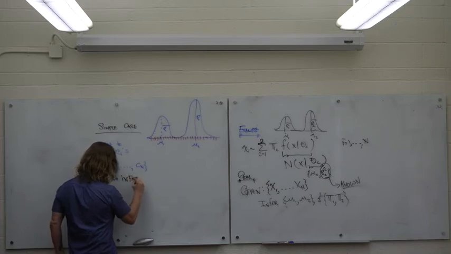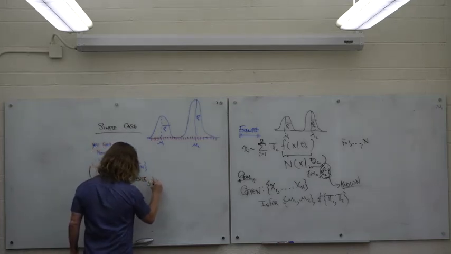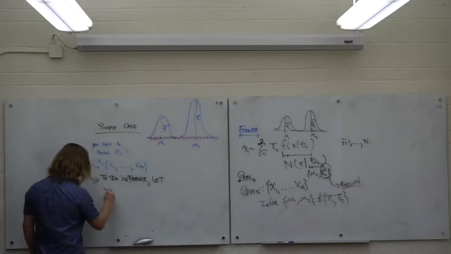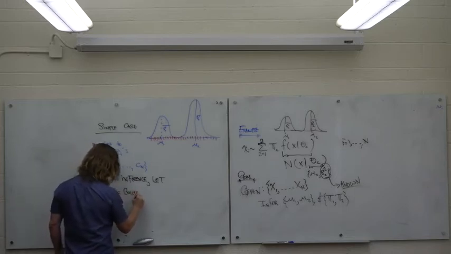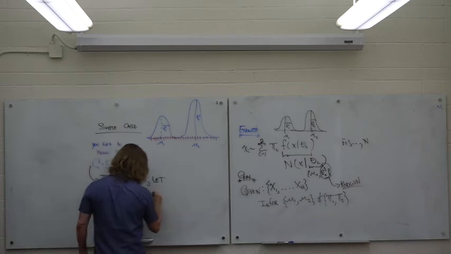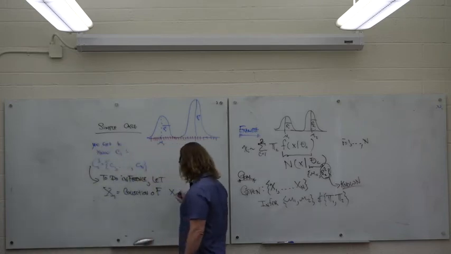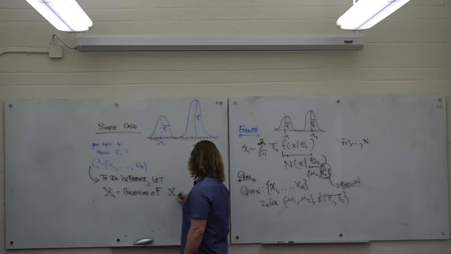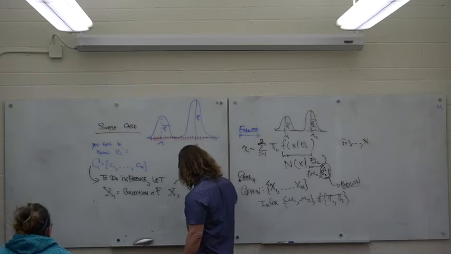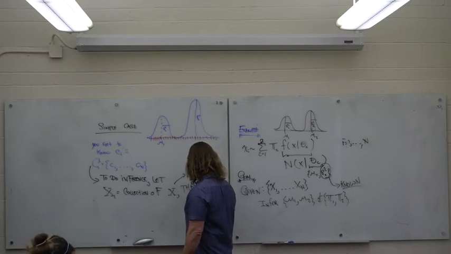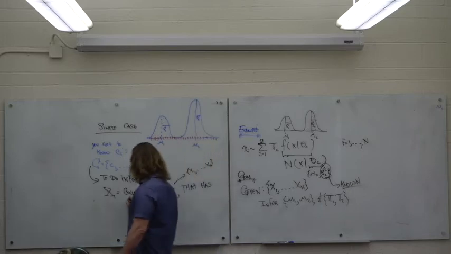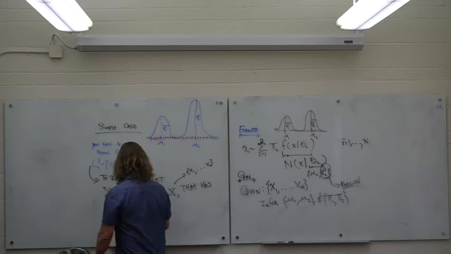And so to do inference, I'm going to write it down like this. Let X1 be equal to the collection of data of x's. So this is everything that has CI equal to 1.